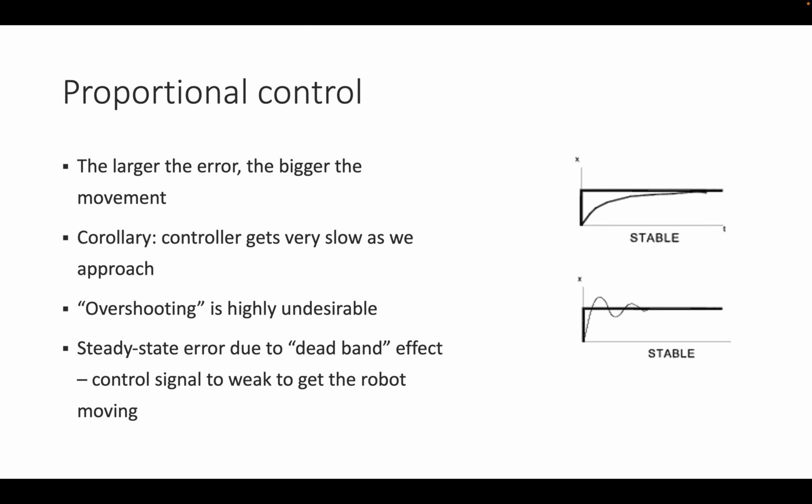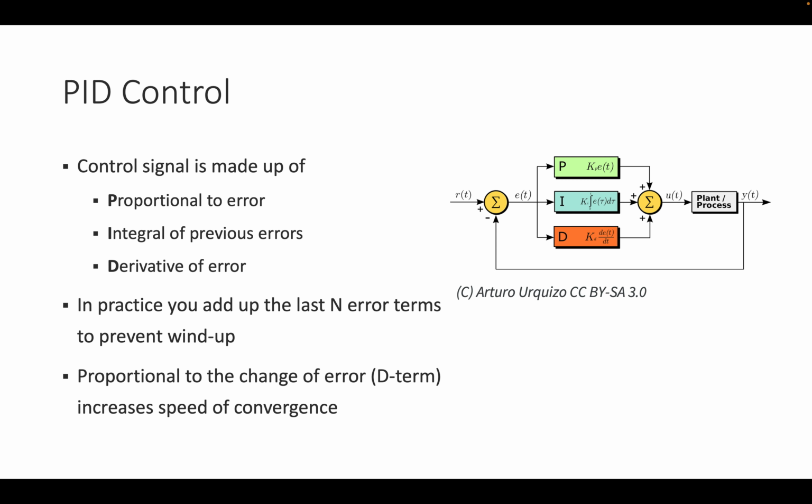Now there's a way out of this, which is the so-called PID controller. And here the idea is that you combine different error terms, and in this case we use drawings like this, where you have the robot, also known as the plant or the process, and controls here, and you observe a desired output. You have a set input here, and subtracting the two from each other gives you the error signal.